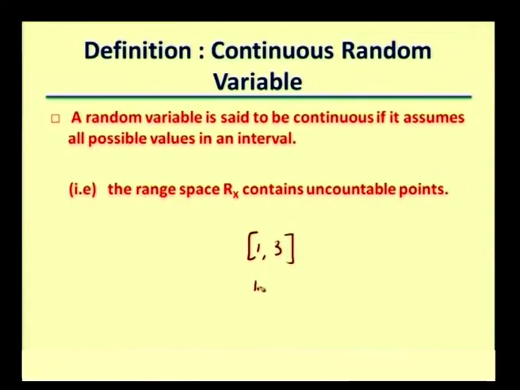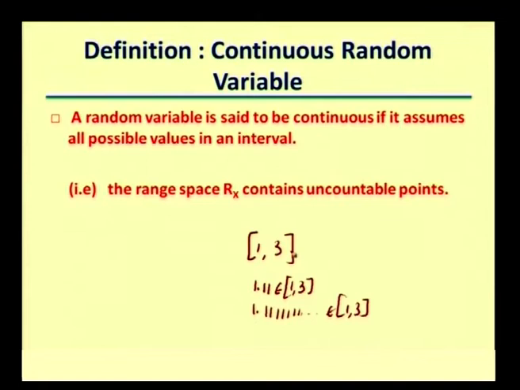For example, the point 1.11 also belongs to the set [1, 3], and 1.111111 etc. also belongs to it. It means you are not able to count and cannot predict how many numbers are there in the interval [1, 3]. If you are not able to count, that becomes uncountable points. That is called continuous numbers.